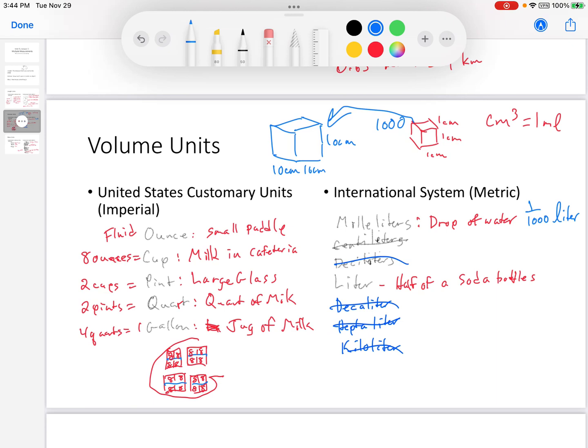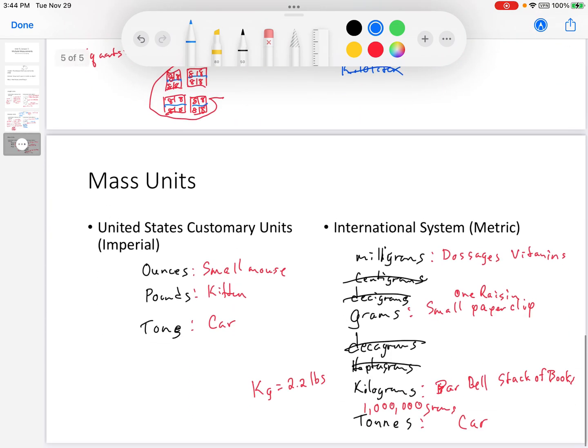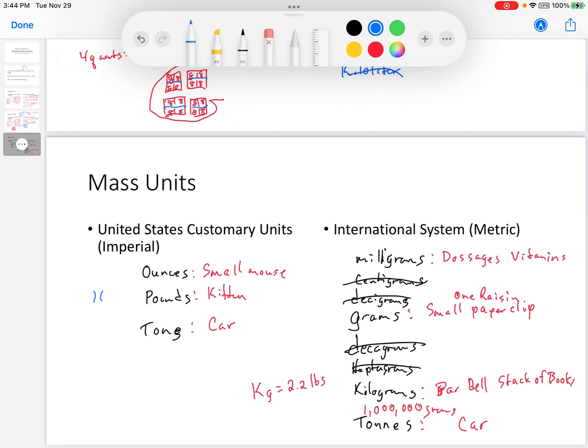Imagine a box that's about as wide as your hand and about as tall as your hand and about as long as your hand. That's about the size of a liter. And this is how you convert between them. A liter is 1,000 milliliters.